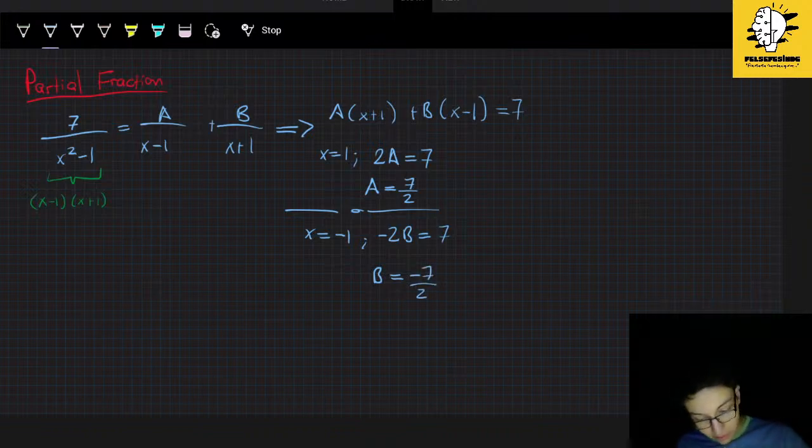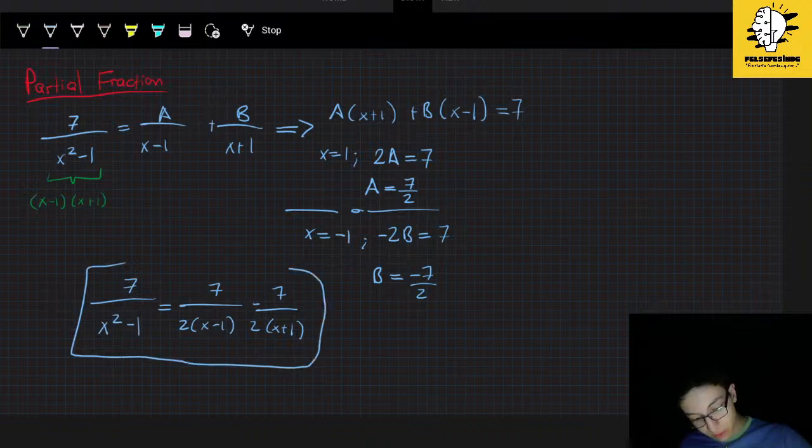Hence 7 over 2 times x minus 1, minus 7 over 2 times x plus 1, is equal to 7 over x squared minus 1. This is how we used to solve partial fractions, right?